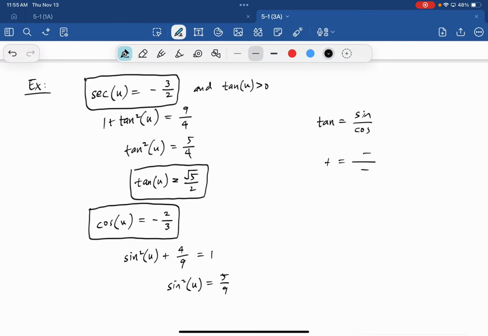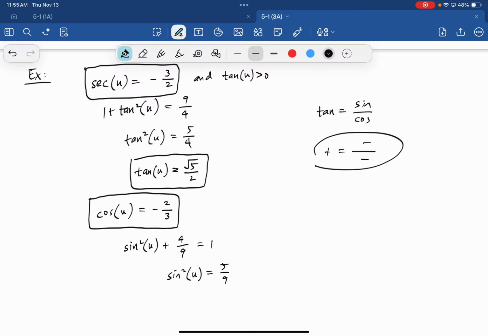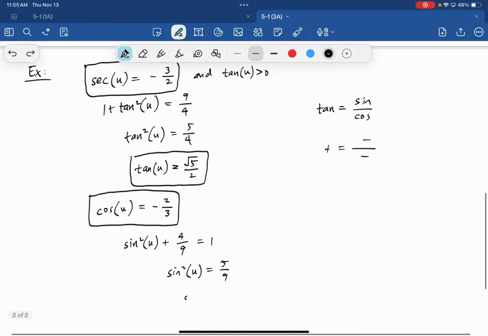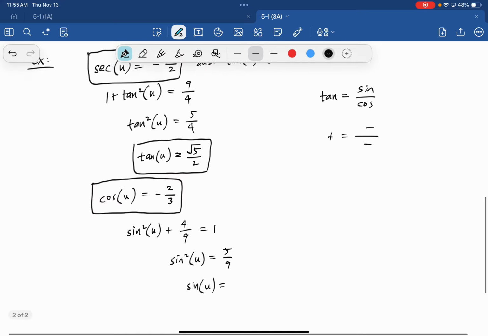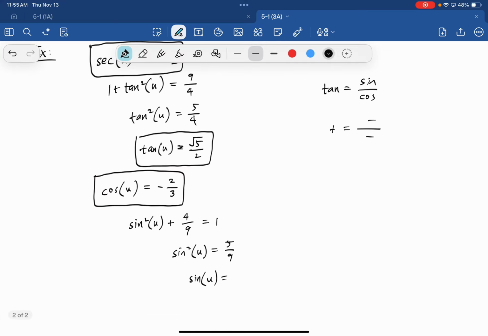Sorry, negative. Because minus over minus is plus. So that means we have to choose the negative root of 5/9. You have to be very careful with the signs here. Because if something squared is positive, that doesn't mean it's positive, it could be negative. And so in this case, we have to choose the negative root. So sine is -√5/3.